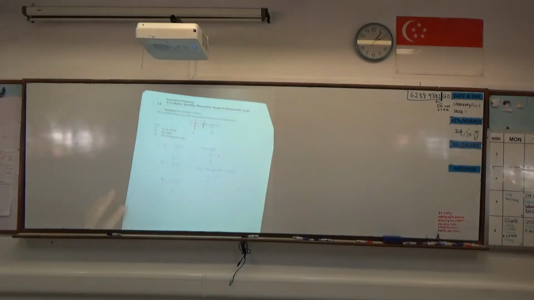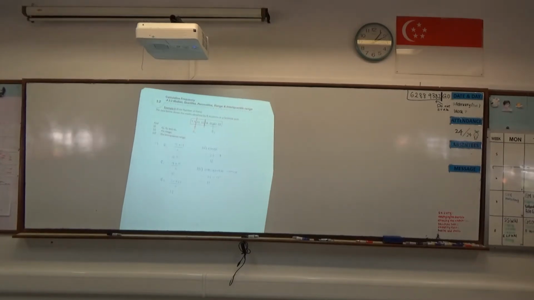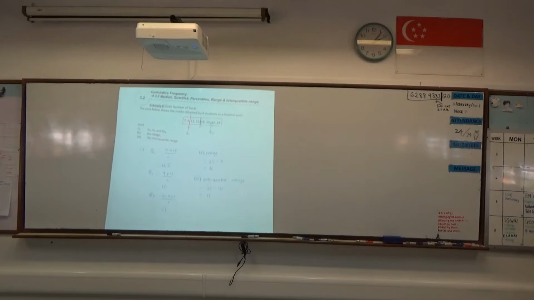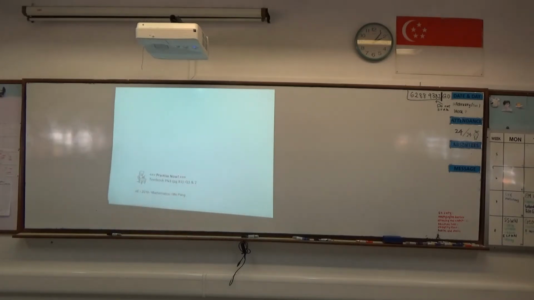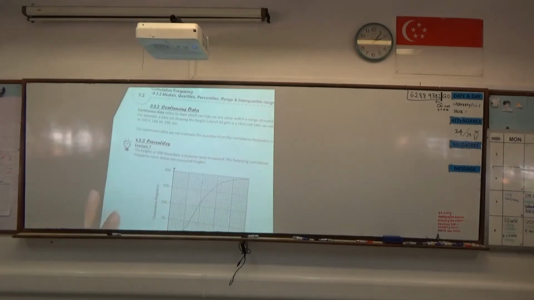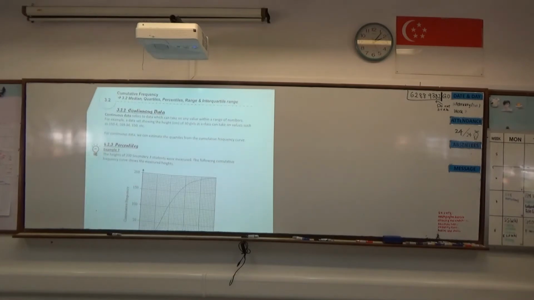Alright. Okay, so last lesson we looked at median and quartiles already. I shall leave this practice 3 as a question exercise for yourself to do at home. I want to continue to look at continuous data today.